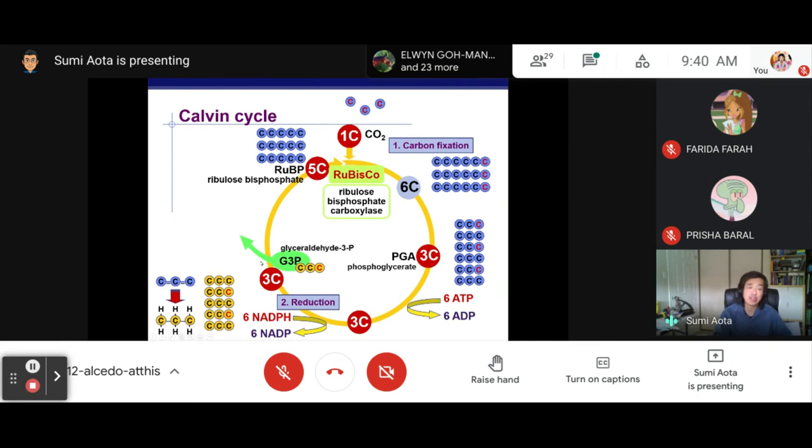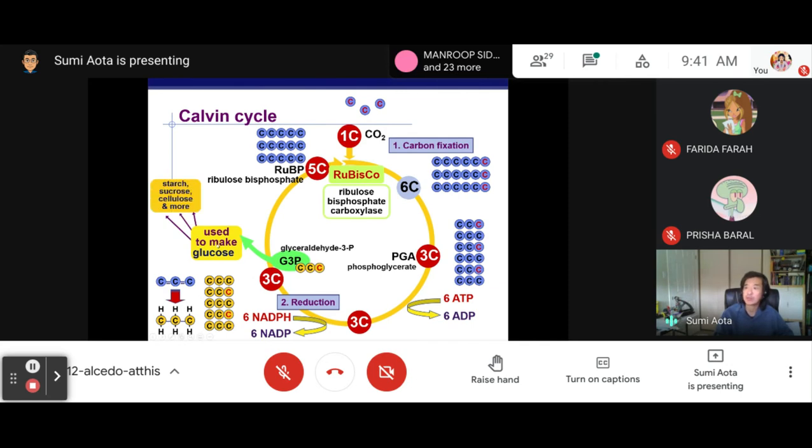This one G3P is removed and is used to make glucose. So we have half of a glucose molecule right here, which is why we need to run this sequence twice to get a full glucose molecule. This is what I meant by we have to run this to get the math to work out, as I said earlier.